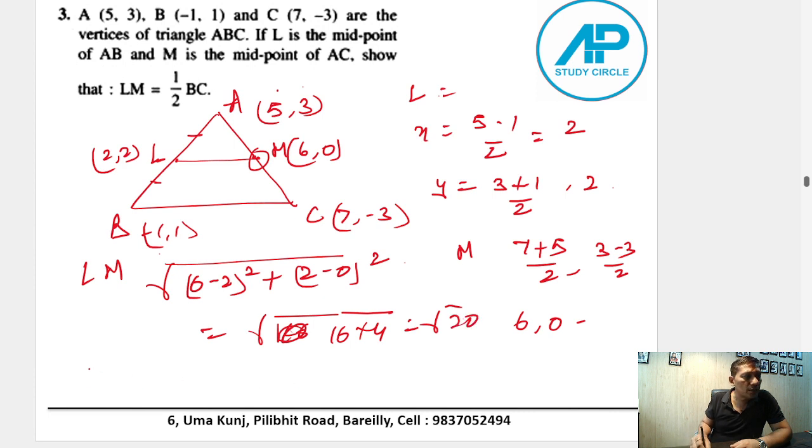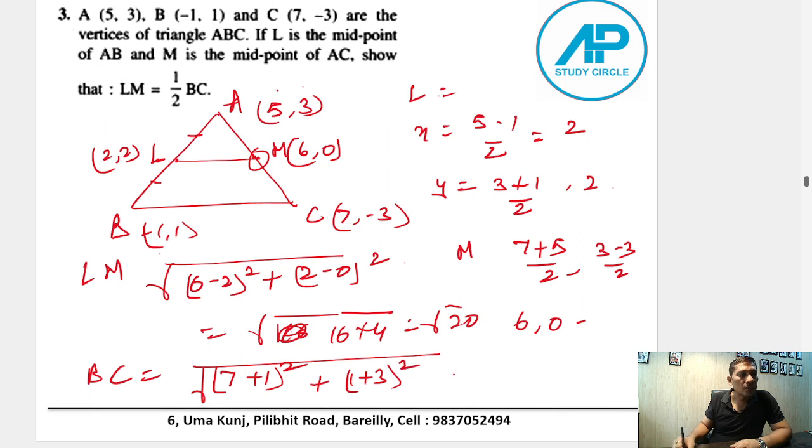And distance for BC would give me minus 1 plus 7 plus 1 whole square plus 1 plus 3 whole square. So that gives you 64 plus 16. That gives you root 80. What is LM? Root 20 is 2 root 5.